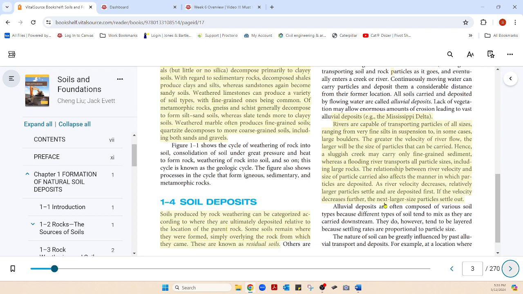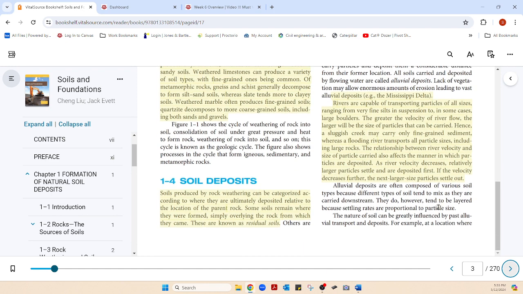If the velocity decreases further, the next larger size particles settle out. Alluvial deposits are often composed of various soil types because different types of soil tend to mix as they are carried downstream. The nature of soil can be greatly influenced by past alluvial deposits.